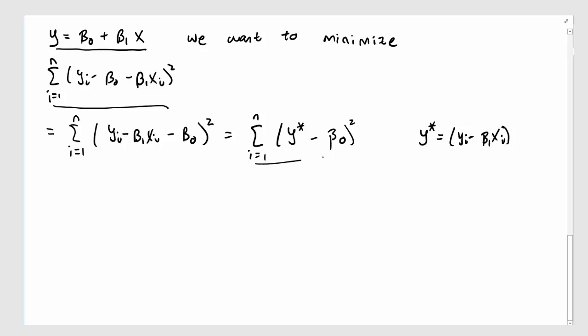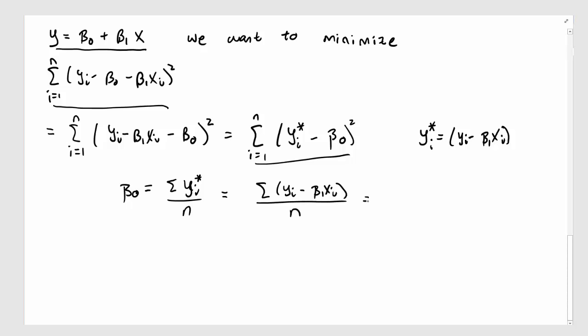We know the least squares solution to this equation. The solution has to be that beta naught has to be equal to the average. I forgot my i subscript there, so why don't I put it right there and right there. It has to be the average of the yi stars. Let's plug back in what yi star is. It's summation of yi minus beta 1 xi divided by n.